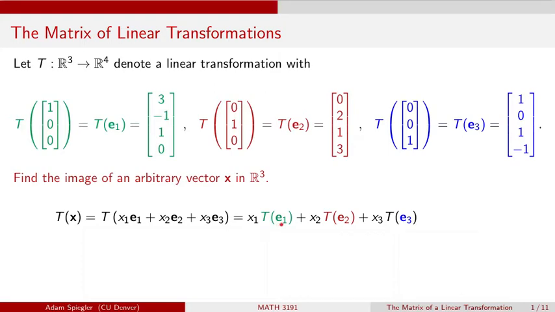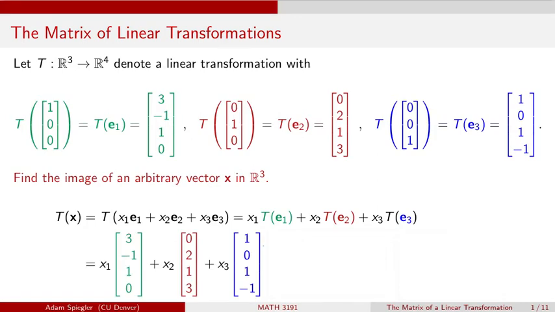And now I can use the information that I know about T of E1, that was over here. T of E2, that is over here in red. And T of E3, we were given over here. So let's use that information next. I'm going to replace T of E1 with its image that we were given.